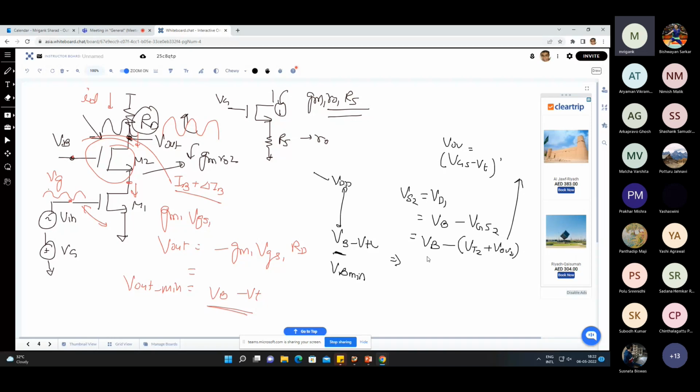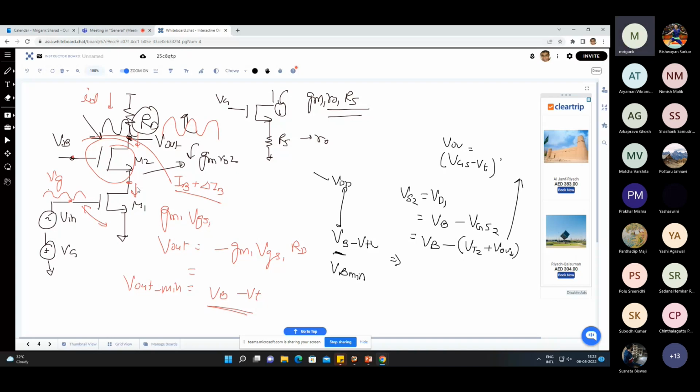Now, if this is your VS2, in order to minimize VB, I need to do what? I need to look at the V overdrive, because ultimately the difference between VB and VS2 is determined by the overdrive voltage.